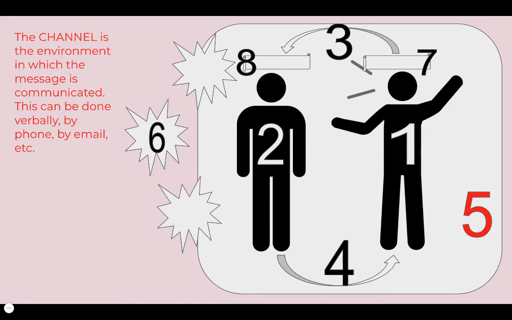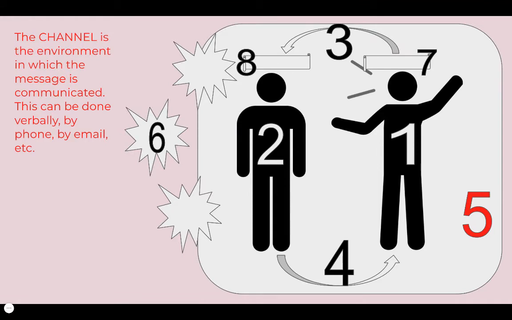5 is the channel. This is the environment that the communication happens inside of. Think of it as a container. If you are talking to your best friend in the lunchroom, then you talking verbally is the channel in which that happens.